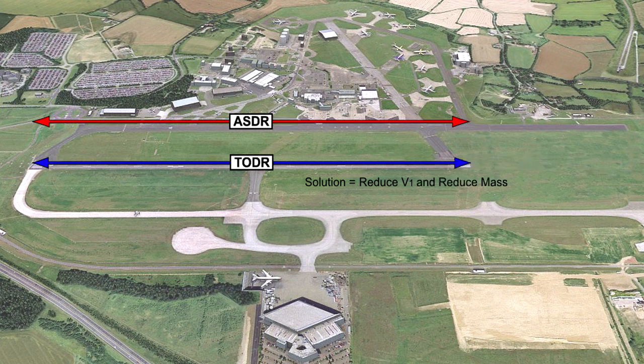To resolve this, the mass of the aeroplane is reduced, which will decrease both the accelerate stop distance and the takeoff distance required, so that they will now remain within the available field lengths. In summary then, with the anti-skid system inoperative, V1 and aeroplane mass must be decreased.